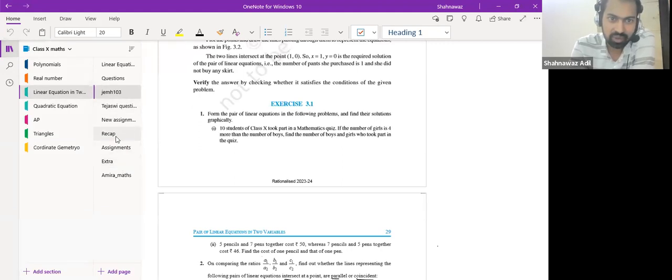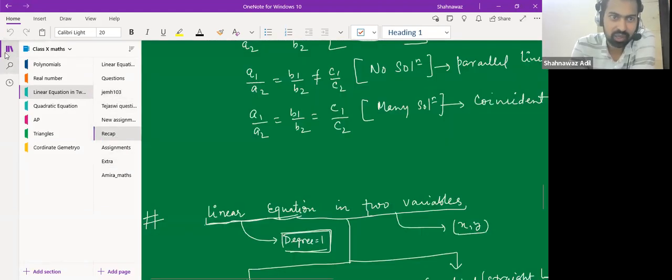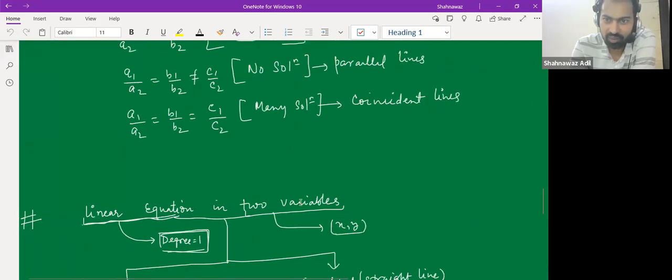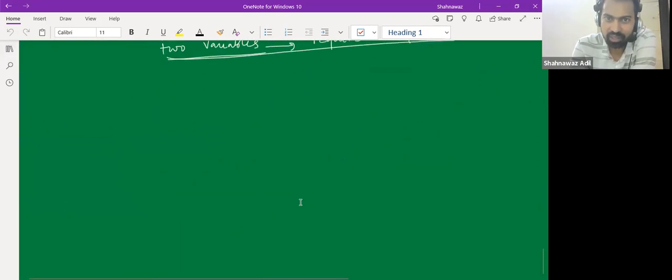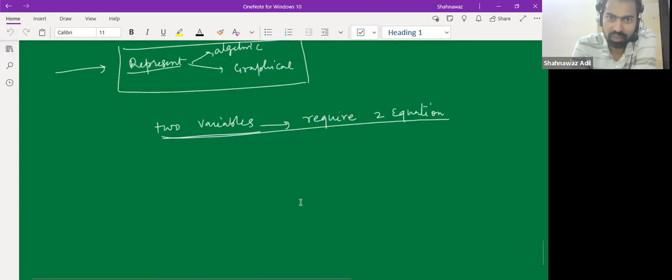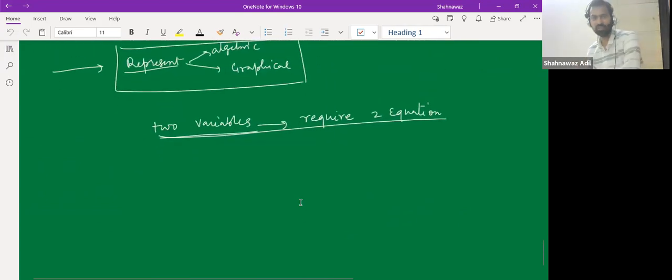Then we were talking about that if we have two variables, then we require two equations, two linear equations, right?